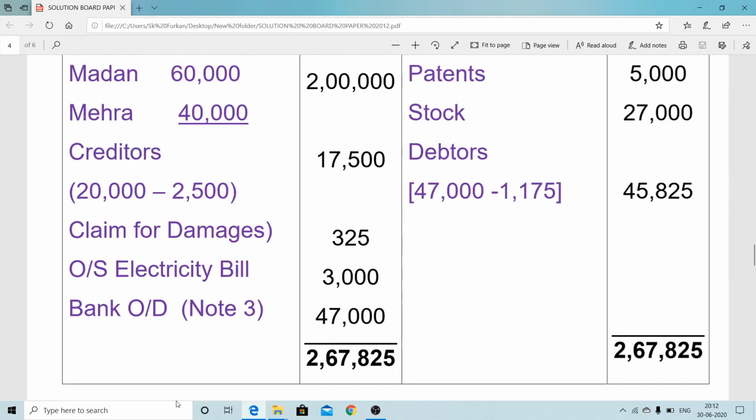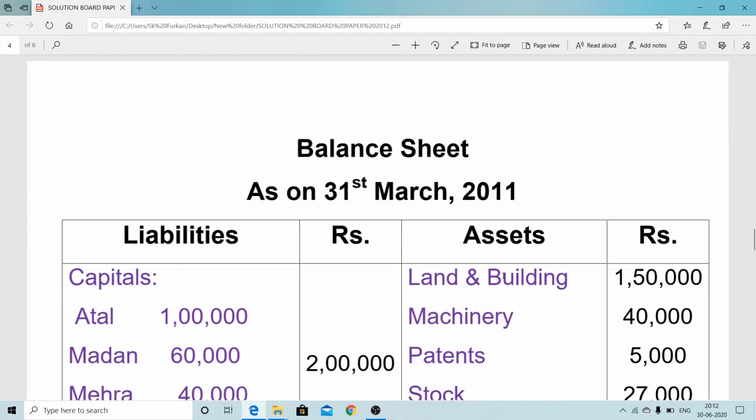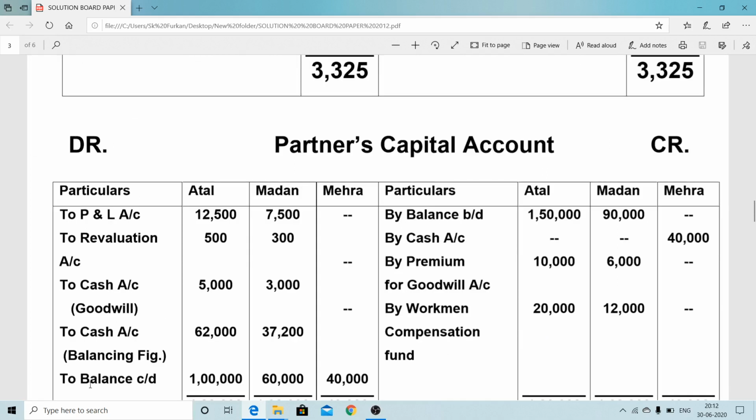So on that ratio, the amount of goodwill, premium for goodwill, on the basis of sacrificing ratio, total 16,000 contributed by the new partner, that is Mera, and it was distributed to Atul and Madan in that sacrificing ratio 5 is to 3. Atul's share came 10,000 and Madan's share came 6,000.